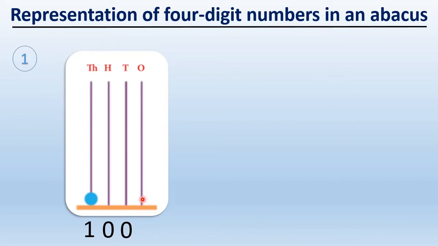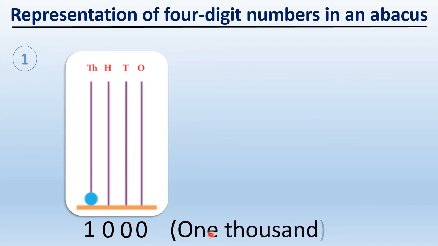Again, there is no bead here also, we will write 0 here. So now, if we look at all these digits together, this is a 4-digit number, and here 1 is in which place? Thousands place, and this number represents 1000. Number name of this number is 1000.